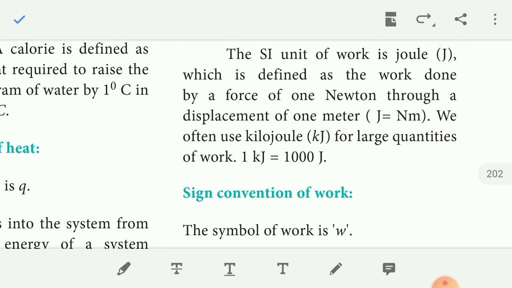Whereas in heat, if heat flows into the system from the surroundings, the energy of the system increases. Out of the system, it is negative.